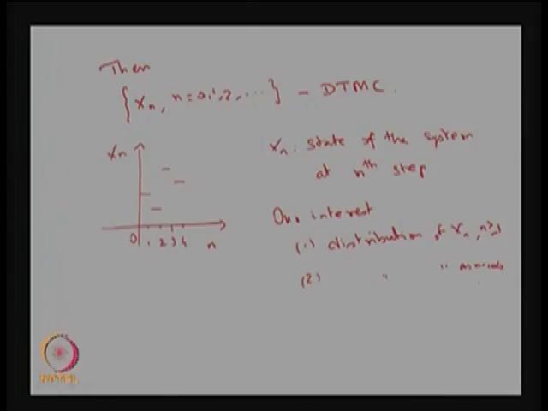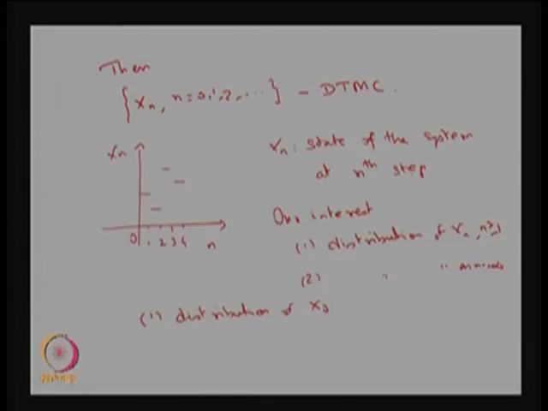To compute this, you need two things. One is the distribution of x naught, that is, the initial distribution vector where the system starts at the 0th step.